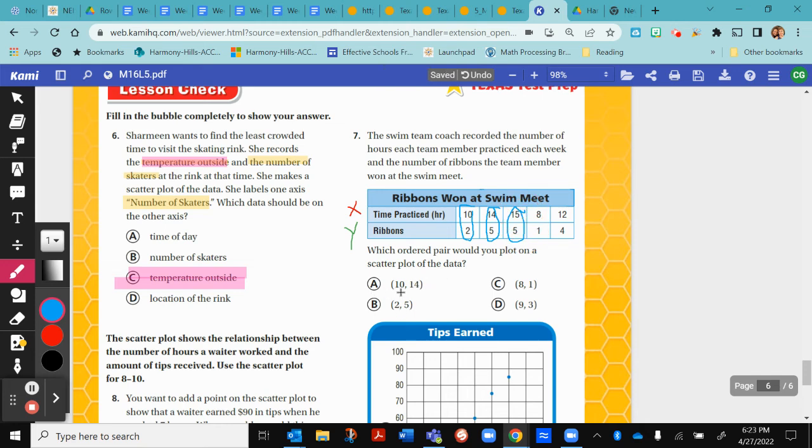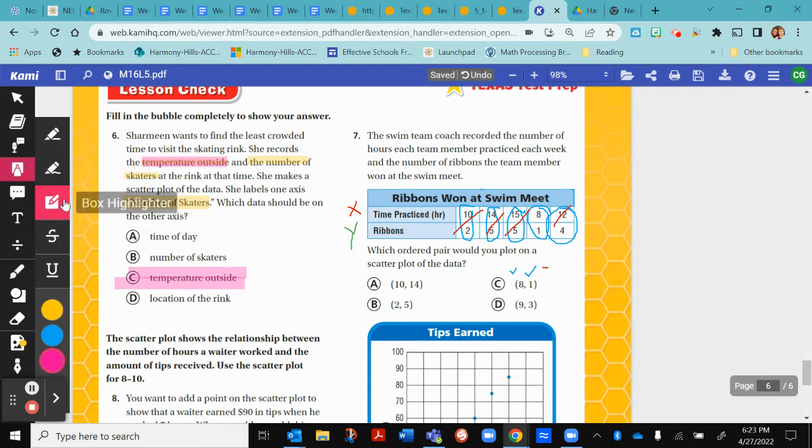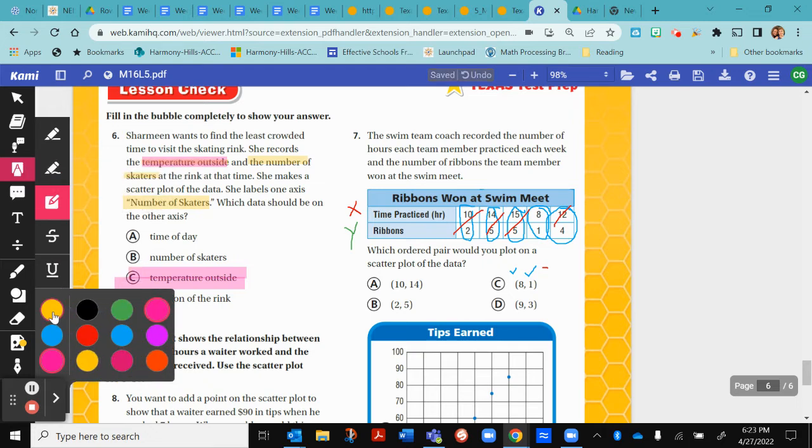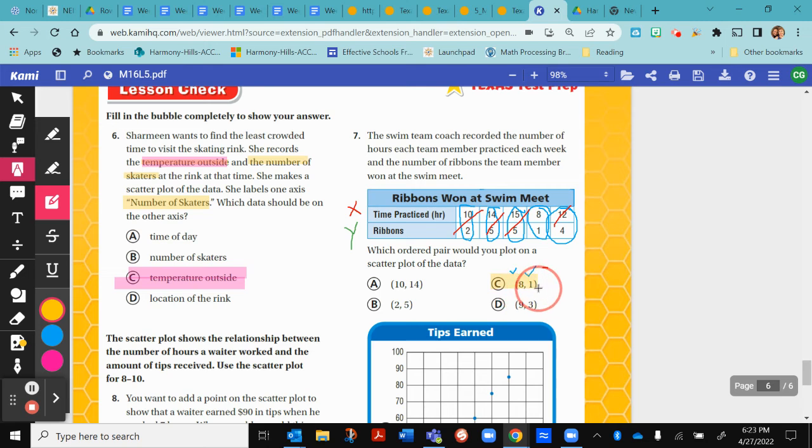I'm looking here. I don't see that there. Do you see an 8-1? Okay, yes, right there, 8 and 1. And do I see a 12-4? I don't see this one, don't see that one, don't see that one, and I don't see this one. So the one that I will end up plotting on my scatter plot is going to be C, because those are my ordered pairs. Let's move to the next one.